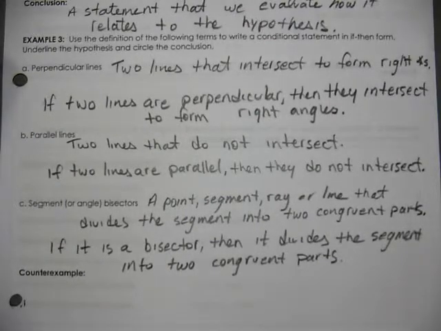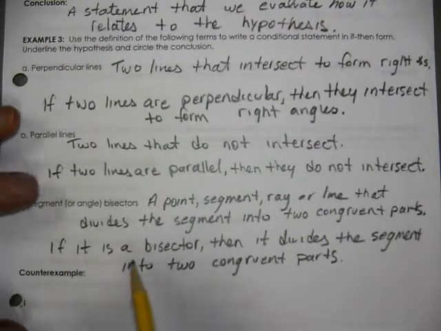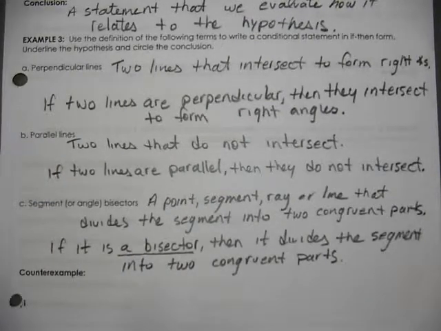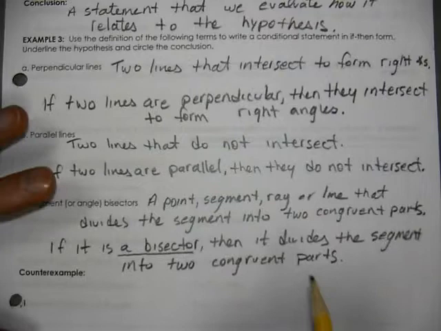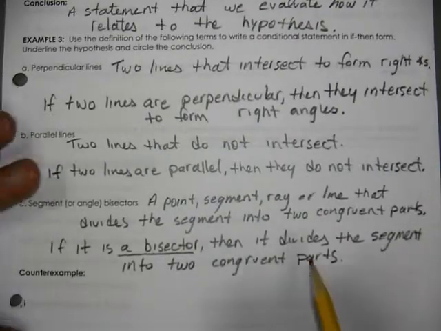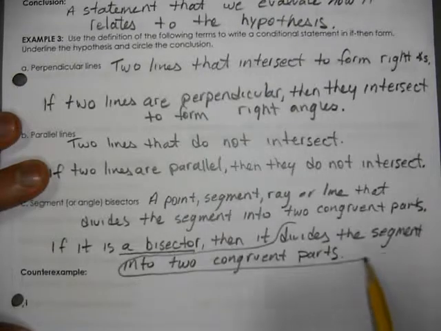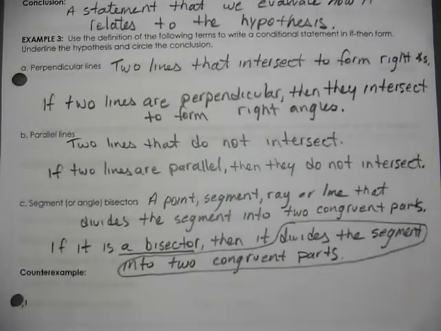So now we're going to go back and look at what the hypothesis should be for each of these. So the hypothesis here is a bisector. The conclusion, what is this bisector doing? It will divide a segment into two congruent parts. Later in our lesson, we'll talk about switching those two with a converse, but not quite yet.